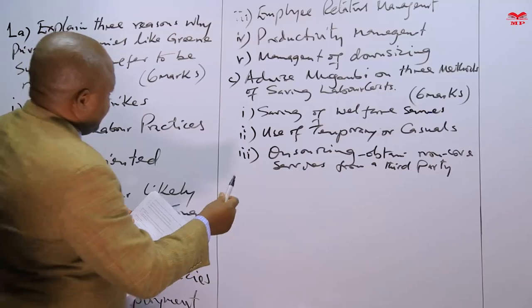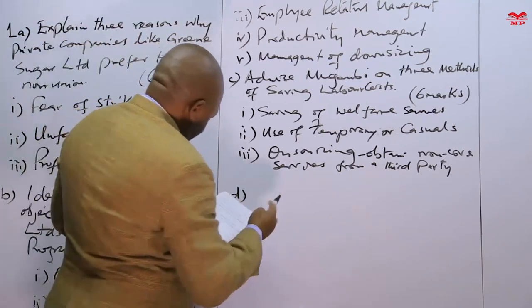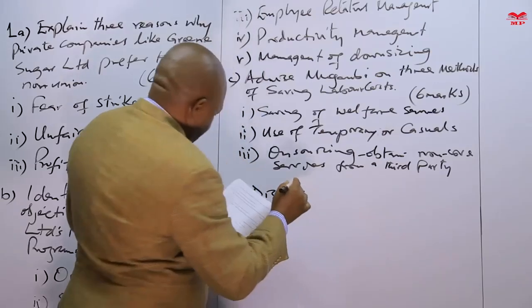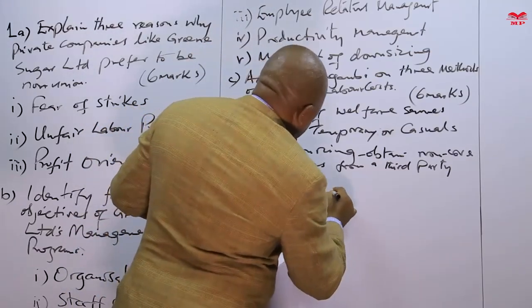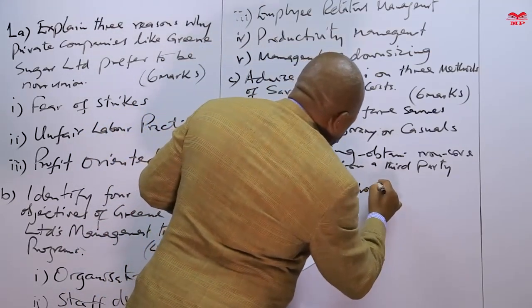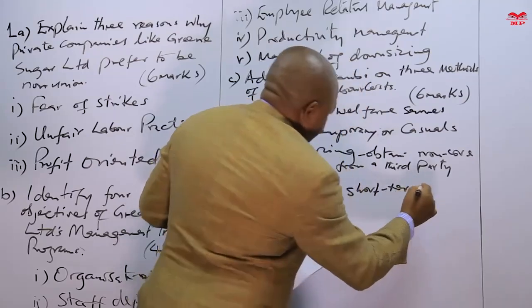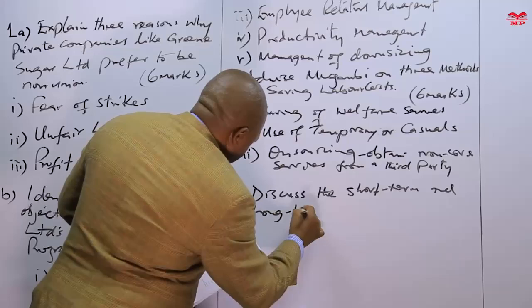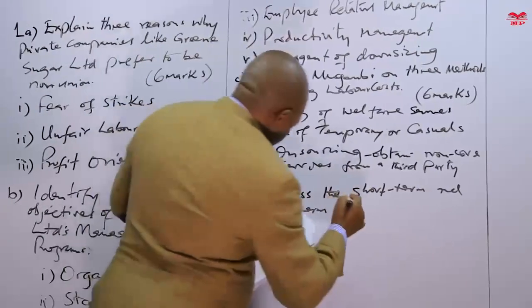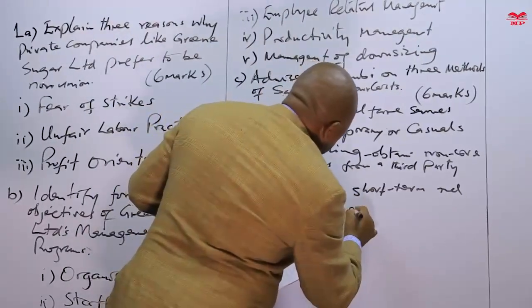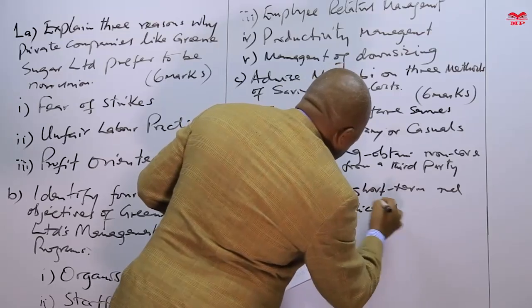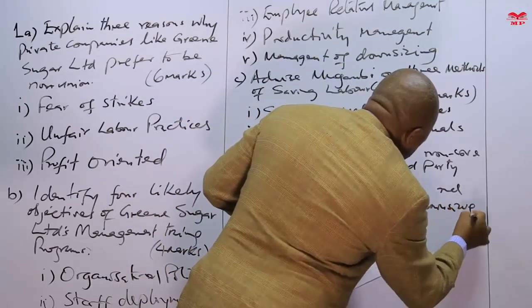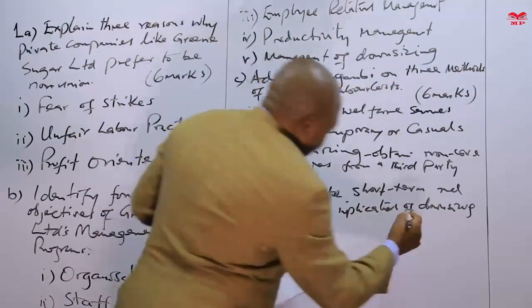So this is question D. Discuss the short-term and long-term implications of downsizing. And this question had 10 marks.